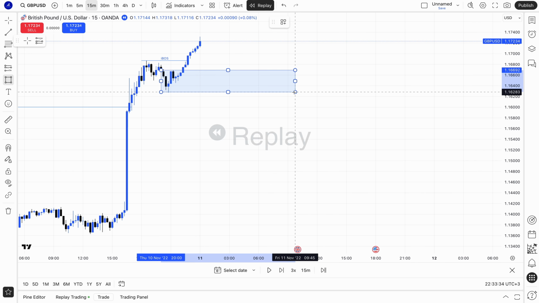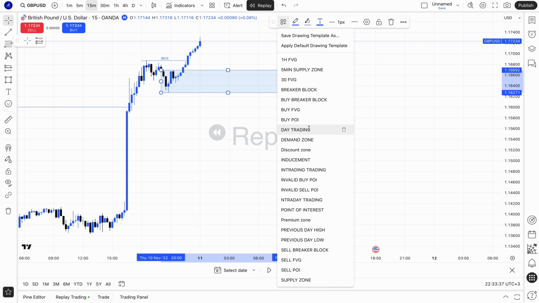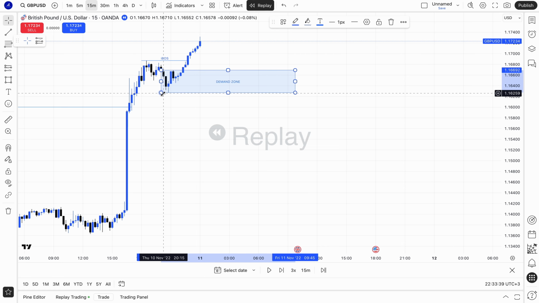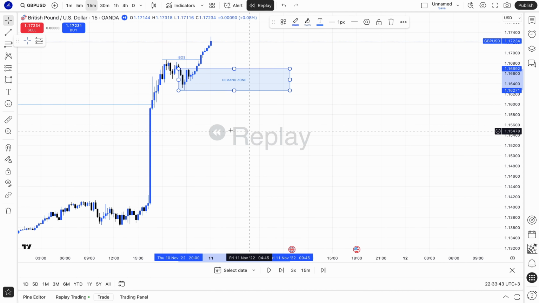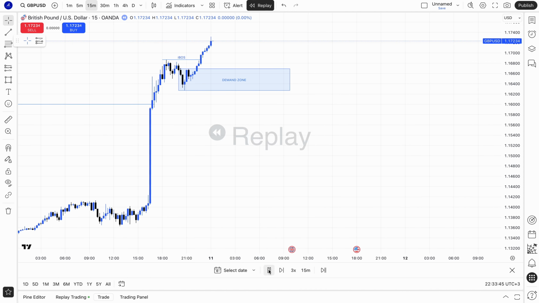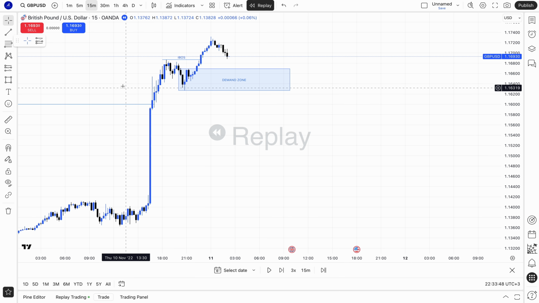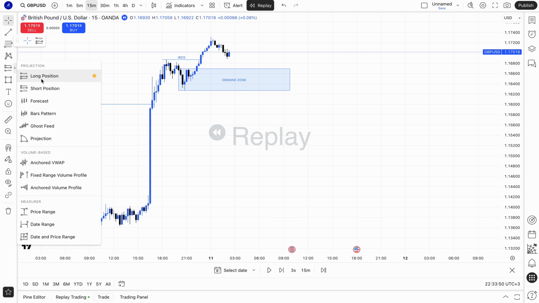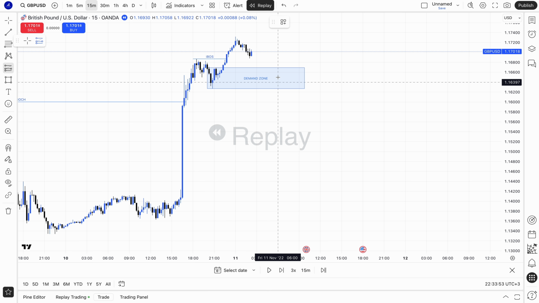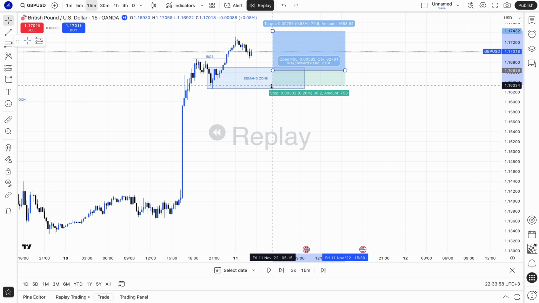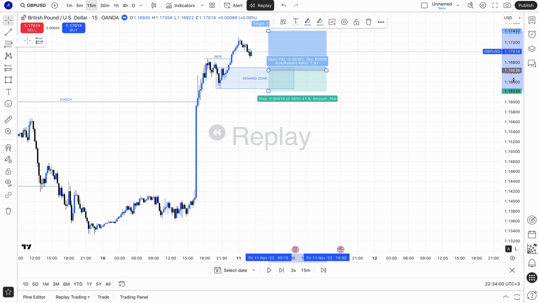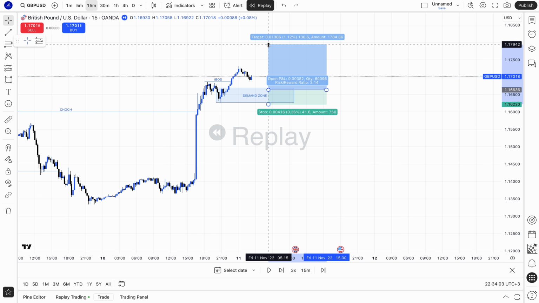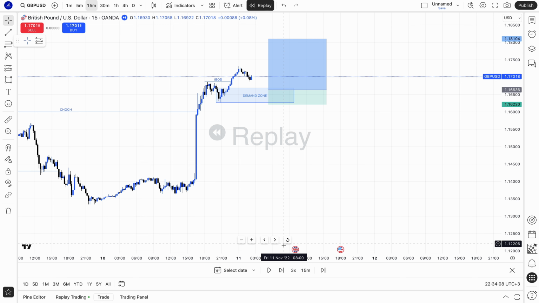Then you had our demand zone, our new swing low here, internal structure. Have our entry there.